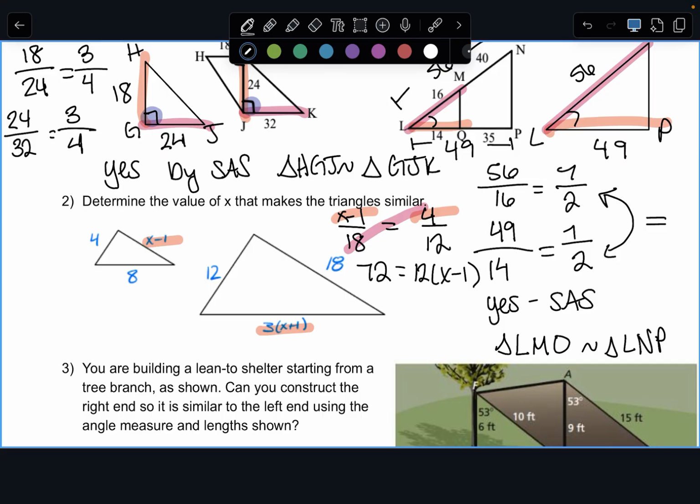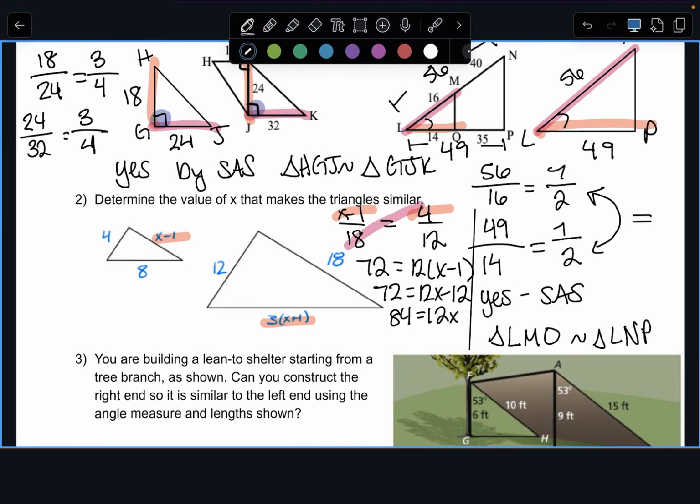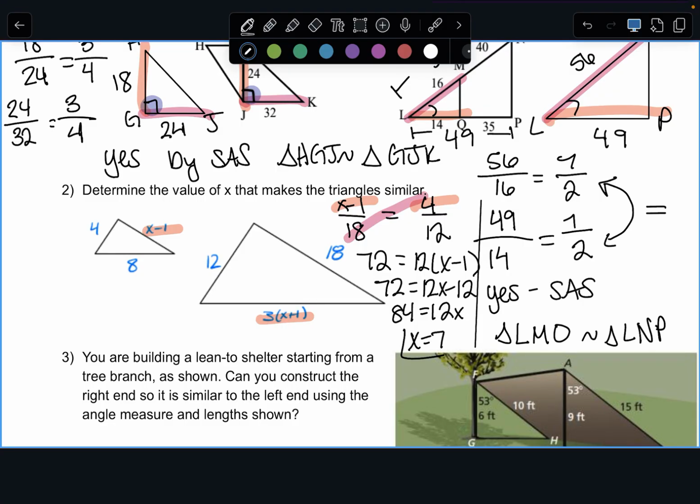What should I do on the right-hand side? Distribute. Okay, so I get 72 is equal to 12x minus 12. Now what? Add 12. I get 84 is equal to 12x. Divide by 12. X is 7.